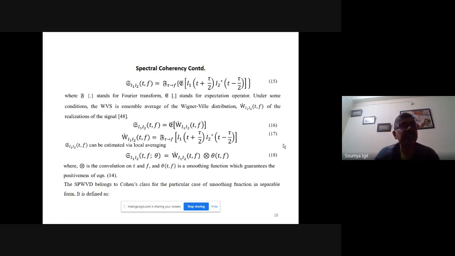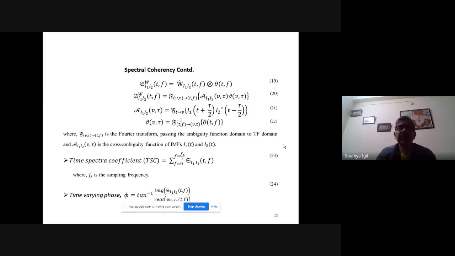Then you are getting smoother functions, taking the time and frequency resolution for this non-stationary signal, and you get the corresponding time spectra coefficient and the time varying phase.